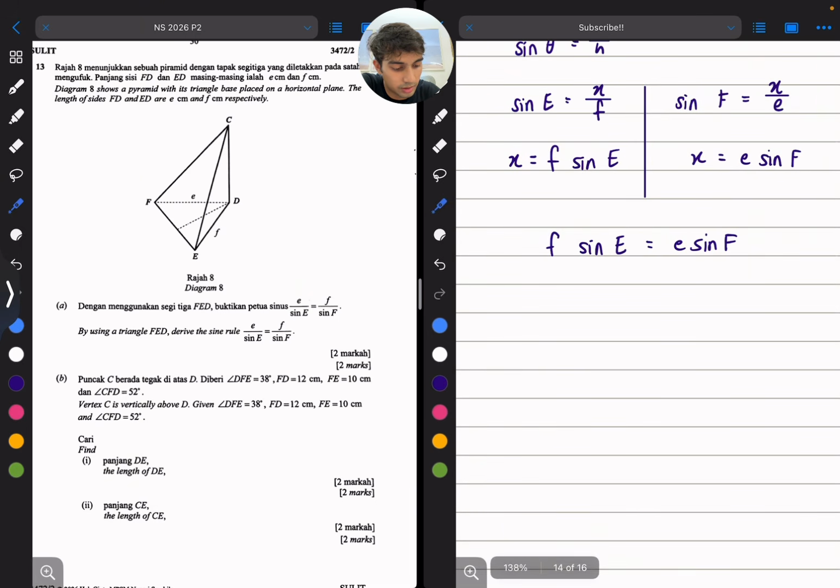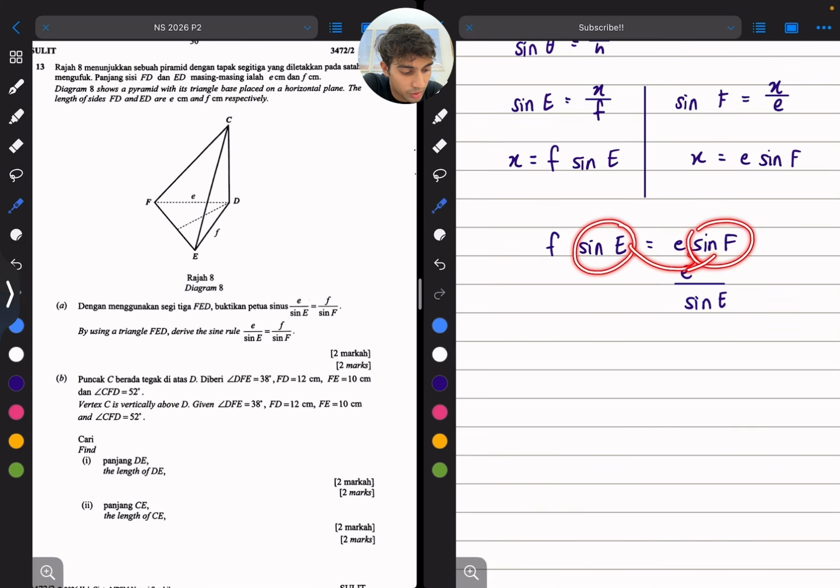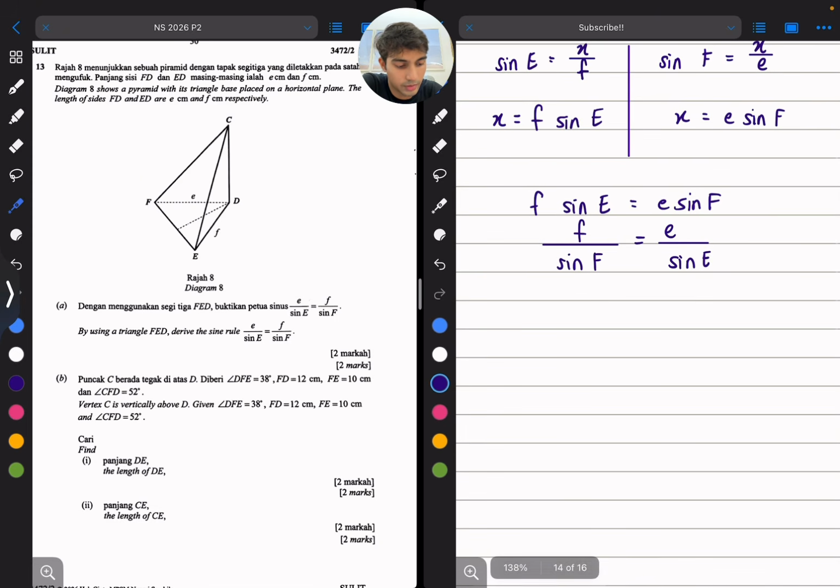Then we can divide now. So since they want E on top here, we divide the F here. And the sine F goes here, becomes divide. So E over sine E. Oh, we divide the sine E actually, easier. Then sine F goes here, becomes divide. Equals to F over sine F. Done.